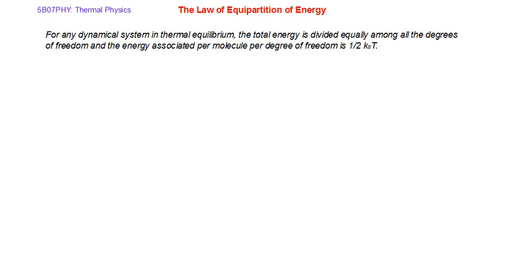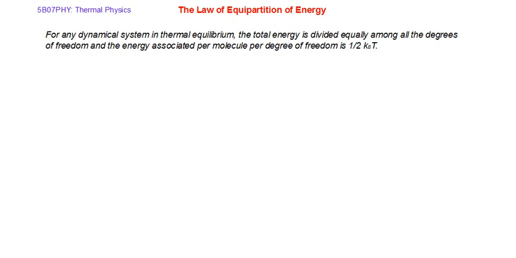So the system will have some total energy, and in the law of equipartition of energy, you can see there's a word, equipartition. Partition means dividing or division, right? And equipartition means dividing equally. So that word comes over here. The total energy is divided equally.